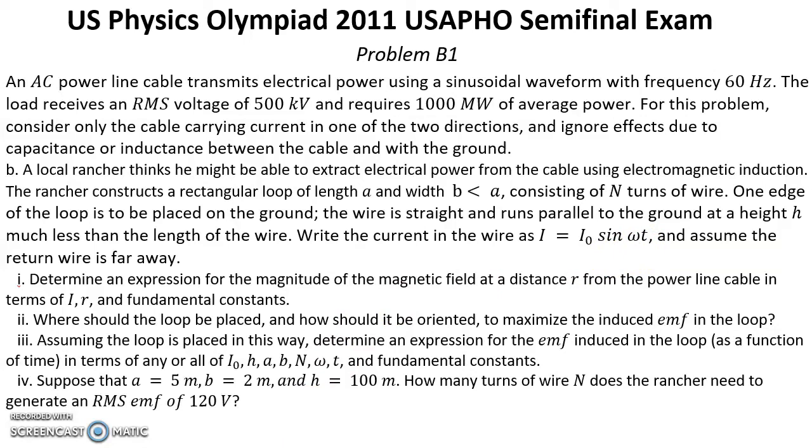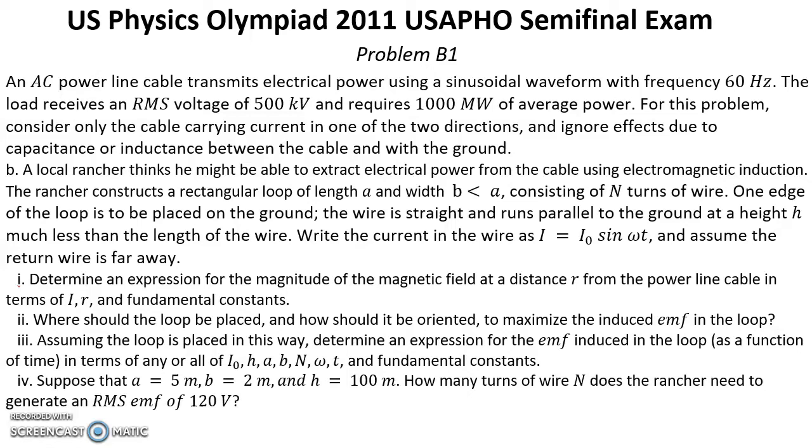1. First, determine an expression for the magnitude of the magnetic field at a distance r from the power line cable in terms of I and r and the fundamental constants. 2. Where should the loop be placed and how should it be oriented to maximize the induced EMF in the loop? 3.